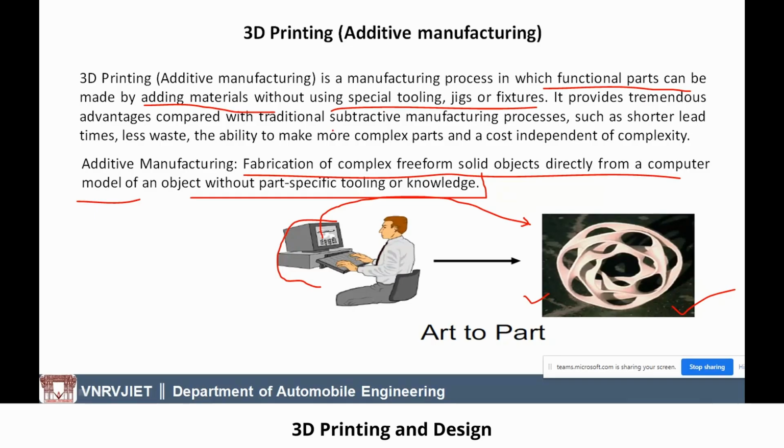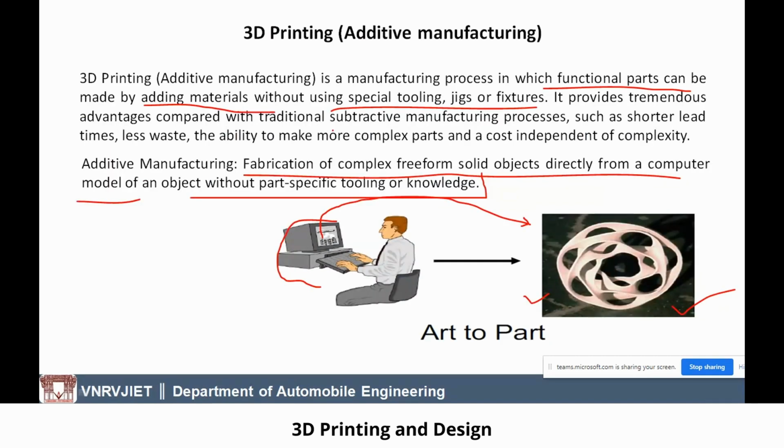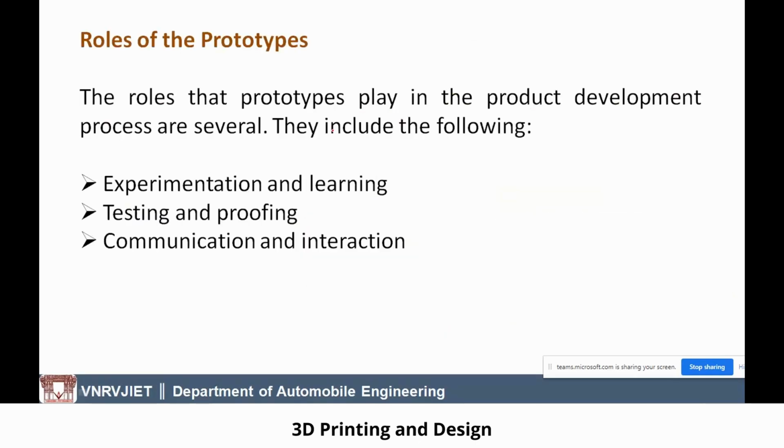If that knowledge is there, we can produce any component. Earlier, these 3D printed models we used to call rapid prototyping or prototyping. So what is the role of 3D printers or 3D printed components?